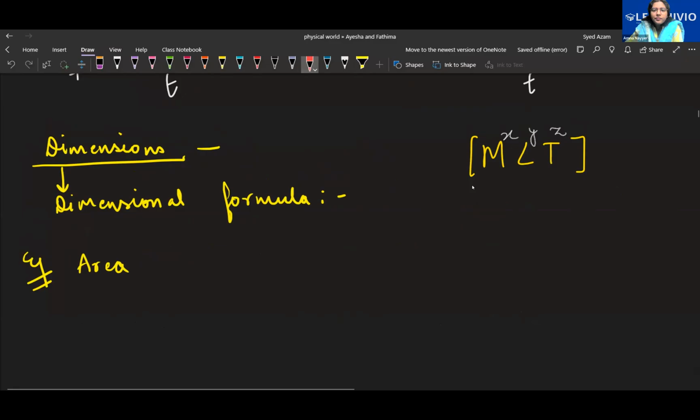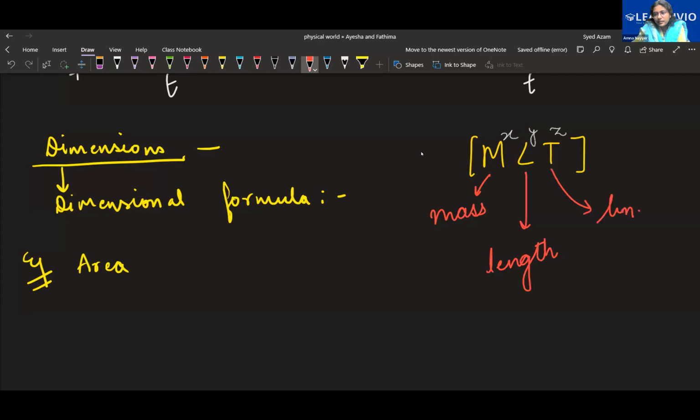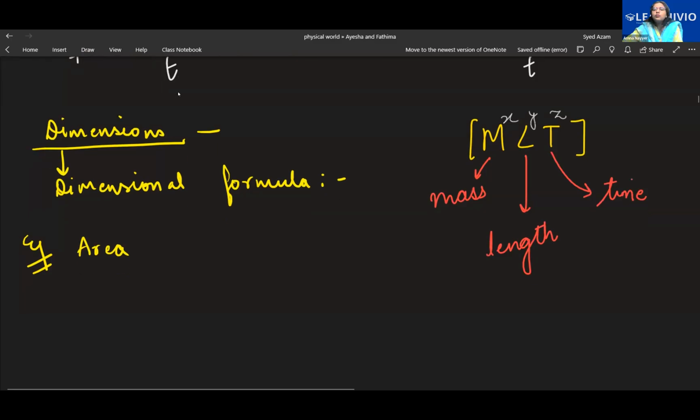M is the mass, L is the length, while T is the time. You have to write everything in terms of this skeleton structure.